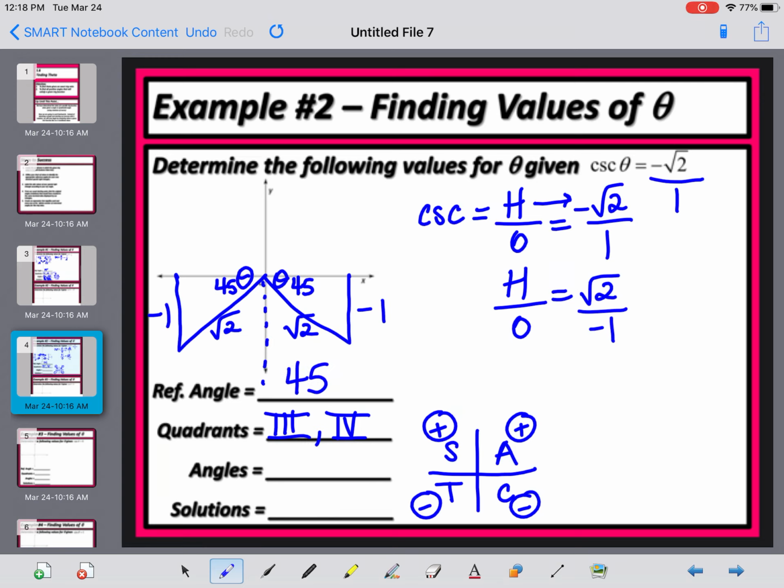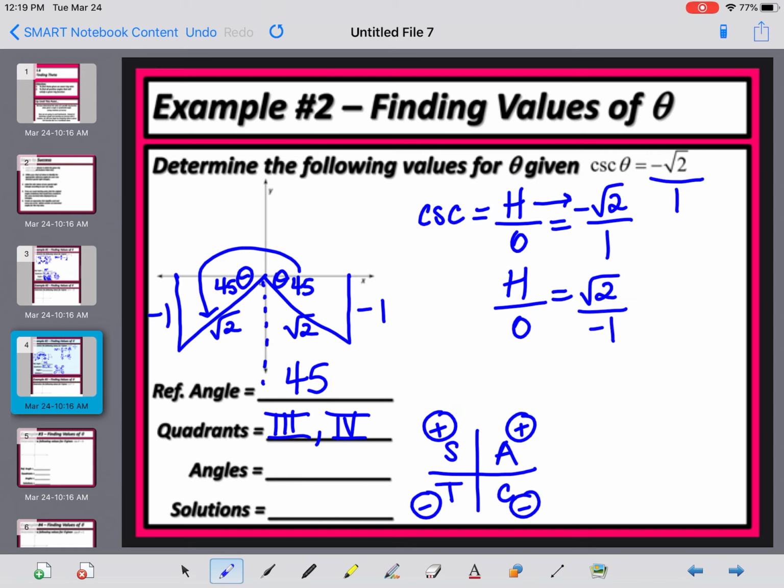So my reference angle is 45. Okay, and now I want to measure my angle rotations. My first angle is just past 180, so we would be doing 45 plus 180.